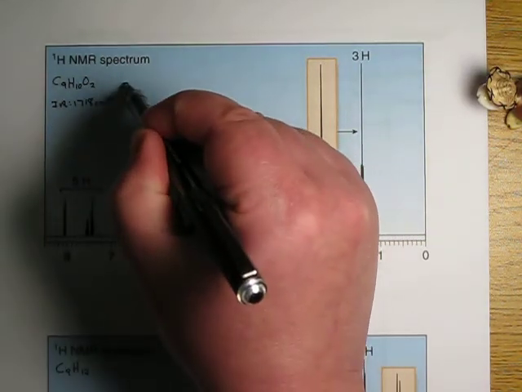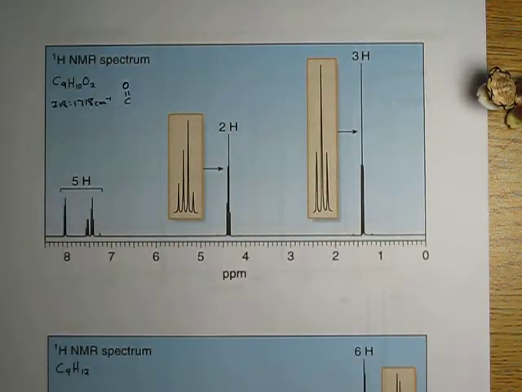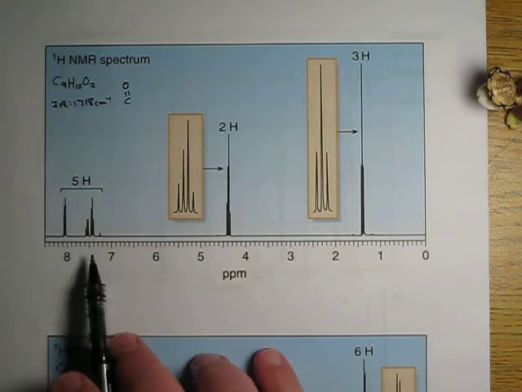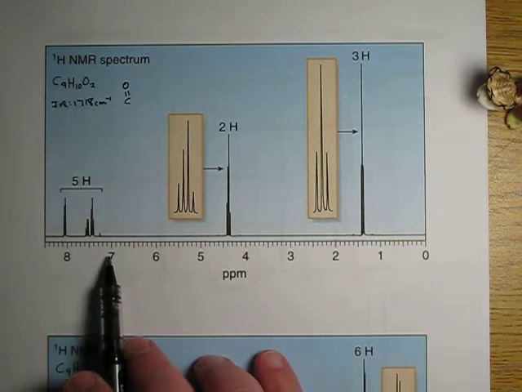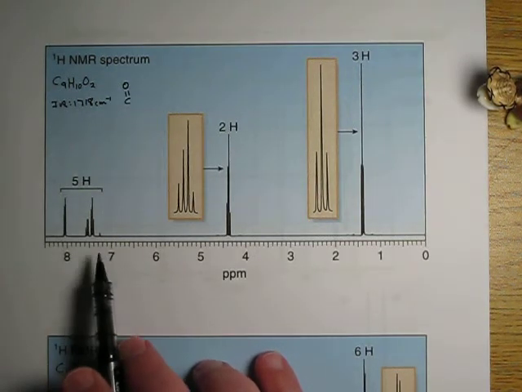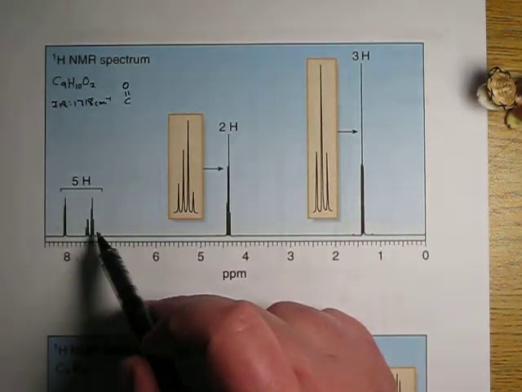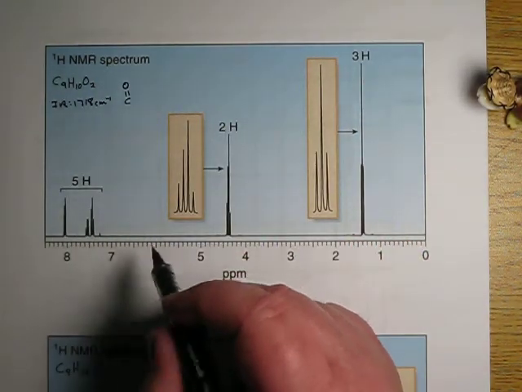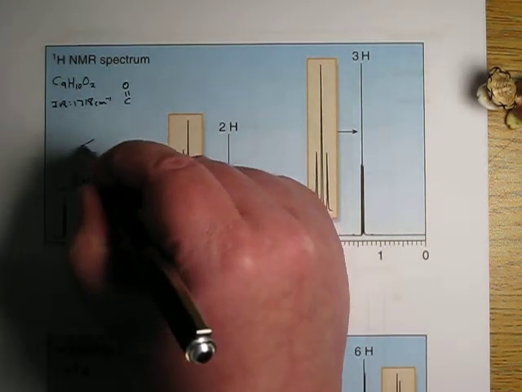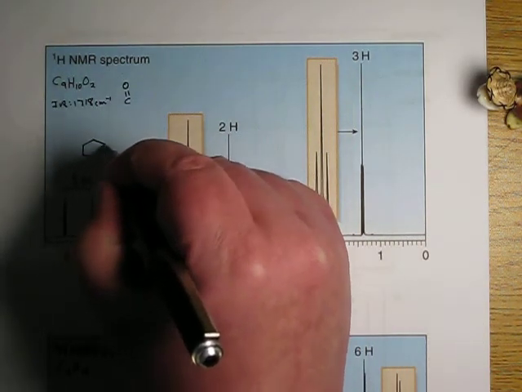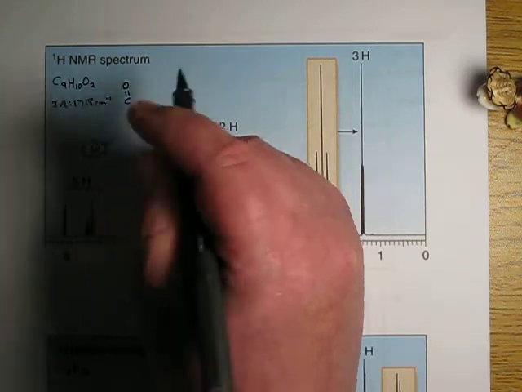All right, so we know we have a carbonyl in there. Ooh, a bunch of peaks to the downfield side of 7 that integrates to 5. Well, yes, there's a splitting pattern and we could probably work it out. I don't care. It integrates to 5. There's only one possible beast, a monosubstituted benzene ring.